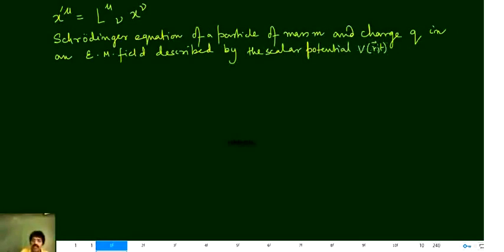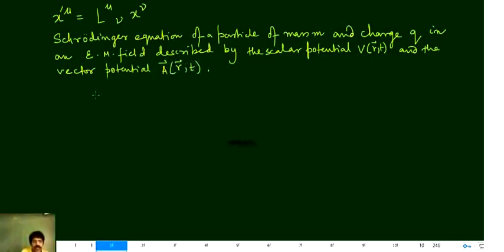So V is the scalar potential, which is a function of space and time, and the vector potential A(r,t). Fine.